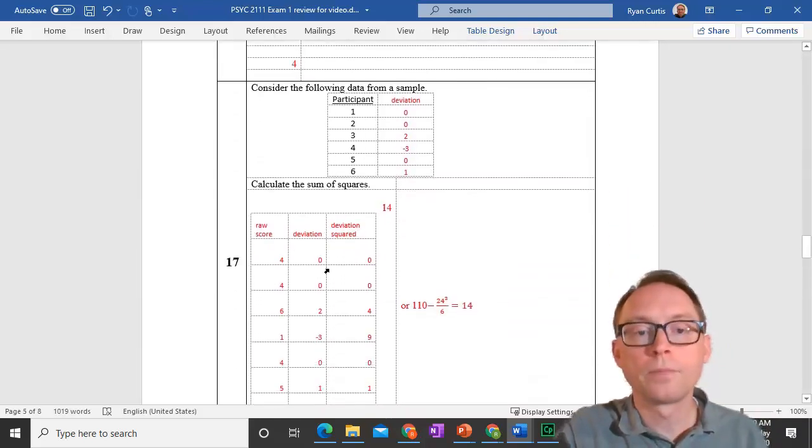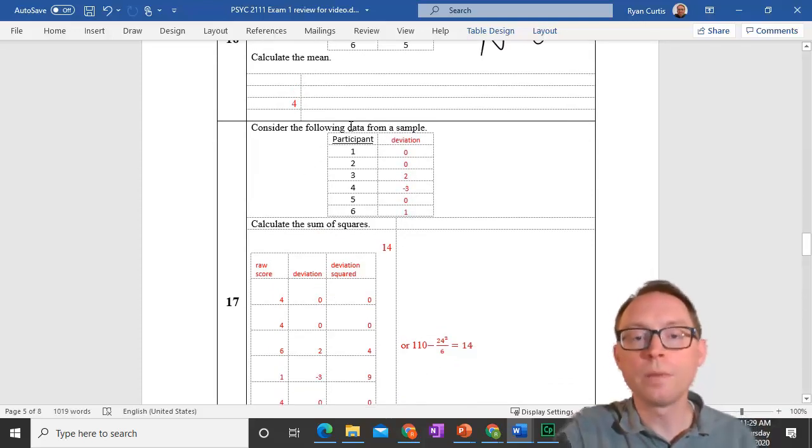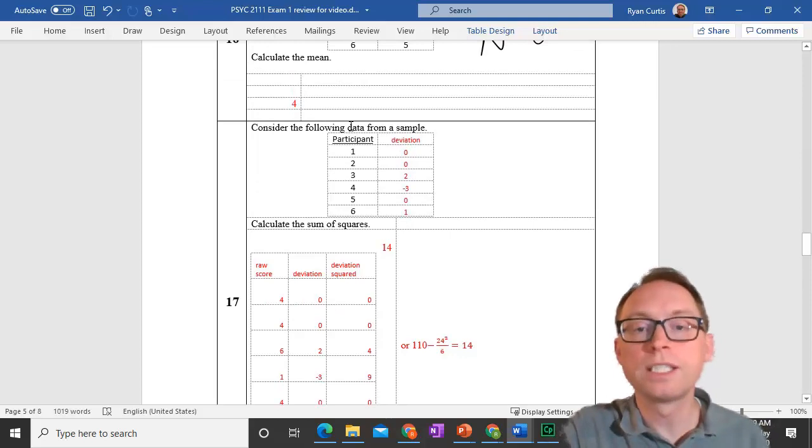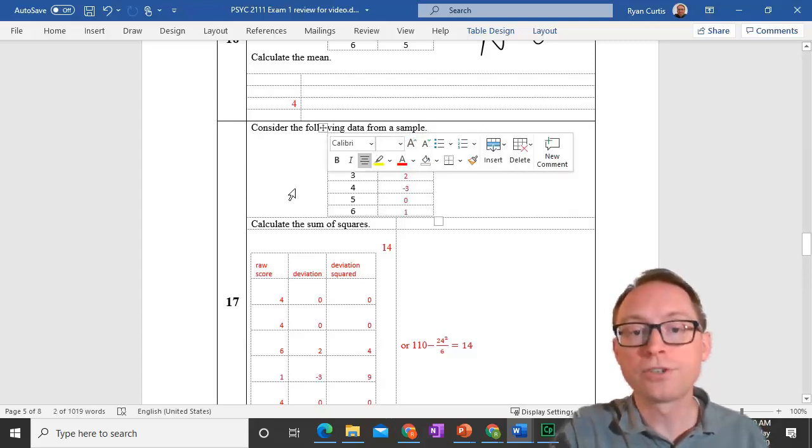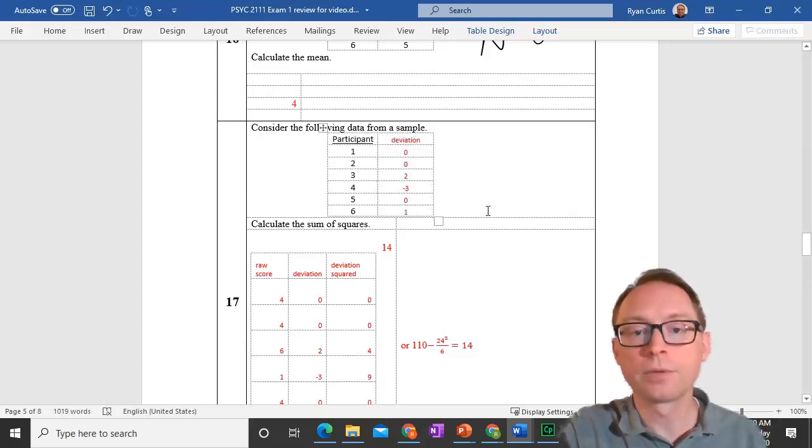Okay, number 17. For this one, it's really important that you notice that we gave you the deviations, not the raw scores. So this should have helped you to get the sum of squares, because what you needed to do is take each deviation, square it, and add them up.